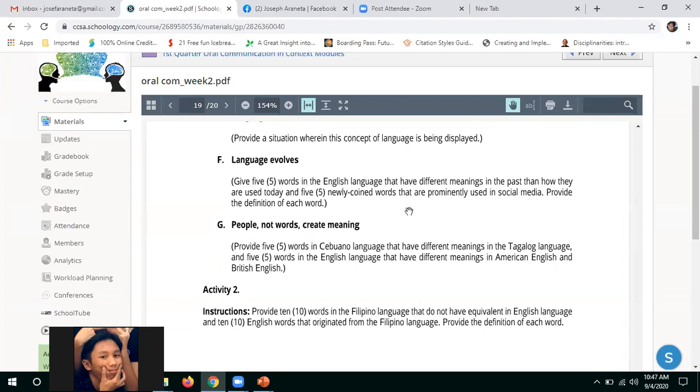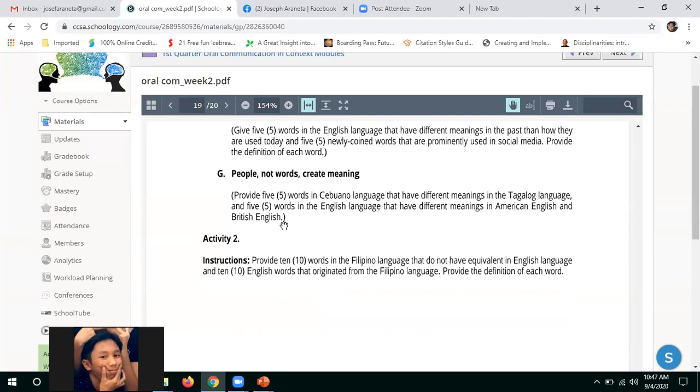Yung mga words or even yung mga initial slang like LOL and other newly coined words. Provide the definition of each word. Dito sa 5 words in English language, yung past meaning at saka present meaning. Ito naman sa newly coined words, yung meaning lang niya. Yung meaning being used in this current time.